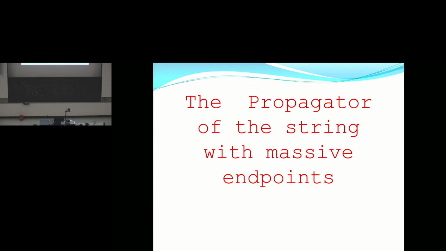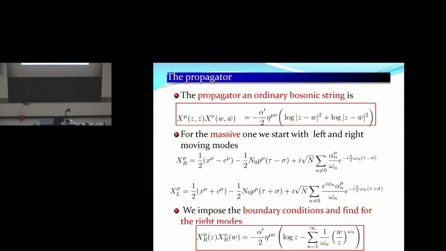Now, I'm finishing, we are trying to get this modification of the Veneziano amplitude, which is a quite tough problem, but on the way we were able to calculate the propagator. The general structure of the propagator in string theory has this form, where omega n are the eigenfrequencies. If these omega n's are just the integers, that is the usual log result that we all know.